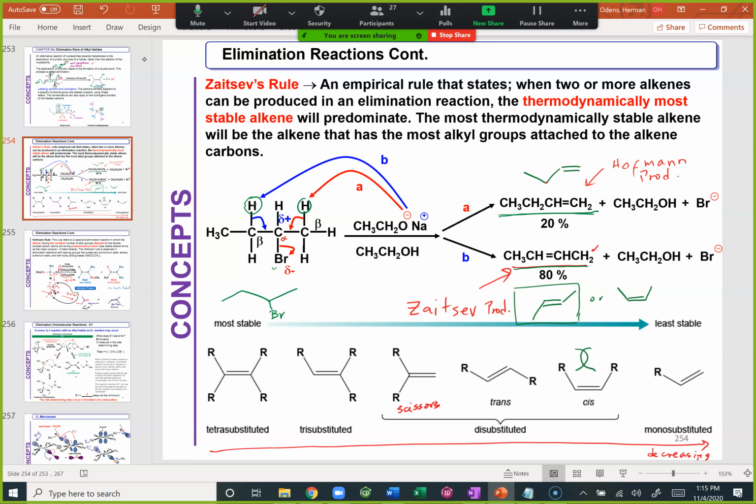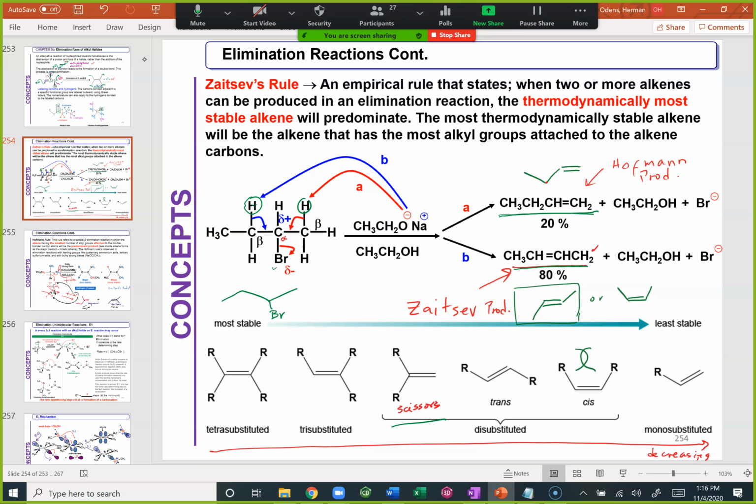So over here I have this slide where it says tetra-substituted is most stable, tri-substituted is the second most stable. Then you have the di-substituted. I call this one here on the left scissors, because I don't know what to call that alkene, but it looks like a pair of scissors to me, where the 2 R groups are on the same carbon. Then you have trans.